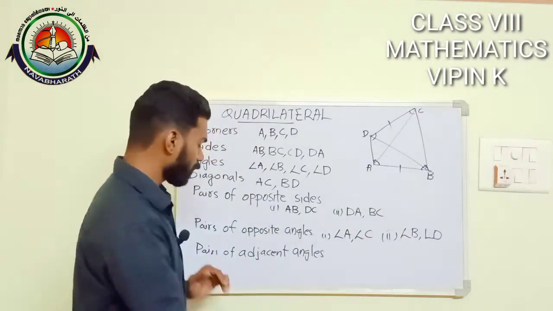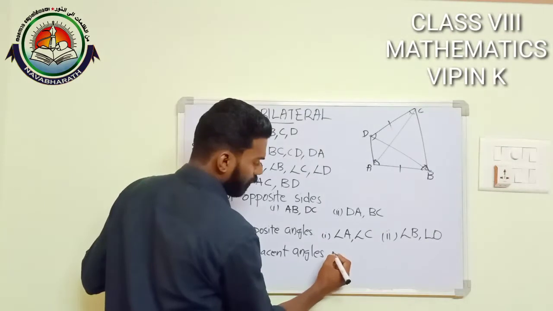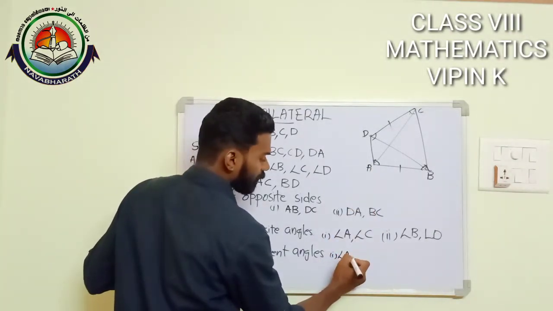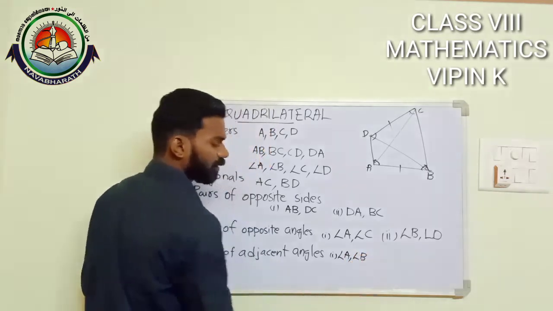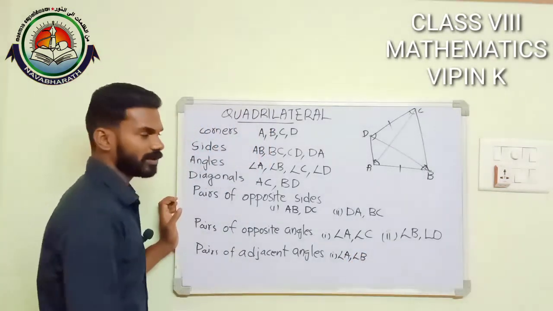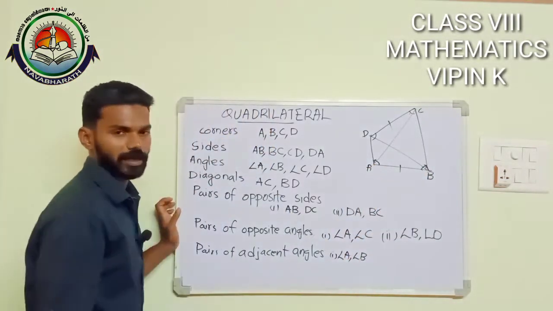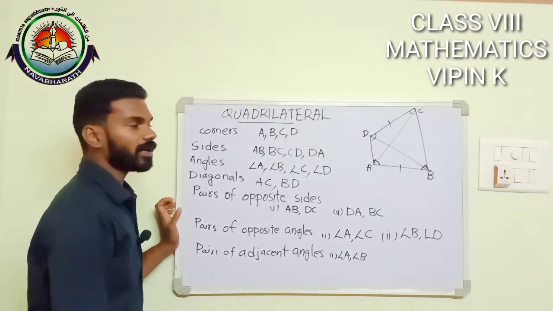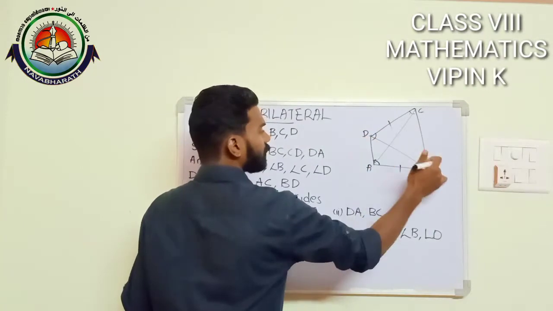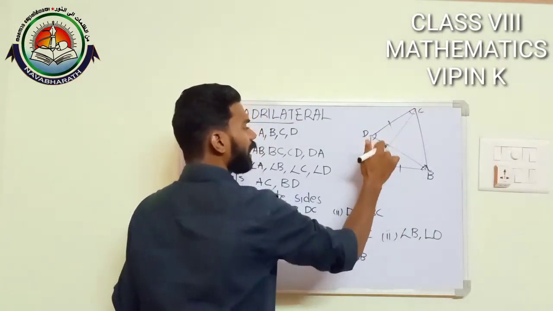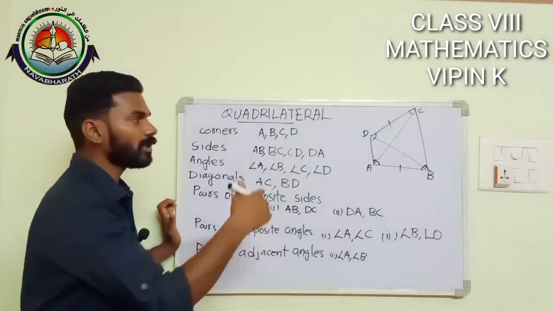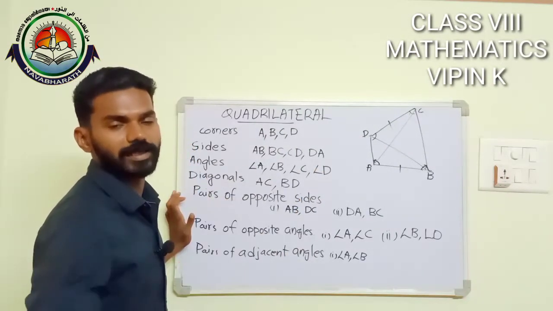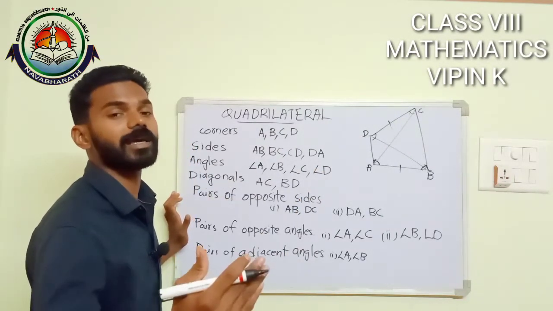So the first pair of adjacent angles is angle A, angle B, formed on the side AB. There are three more sides, BC, CD and DA, and on each of these sides there would be one pair of adjacent angles that we can consider.